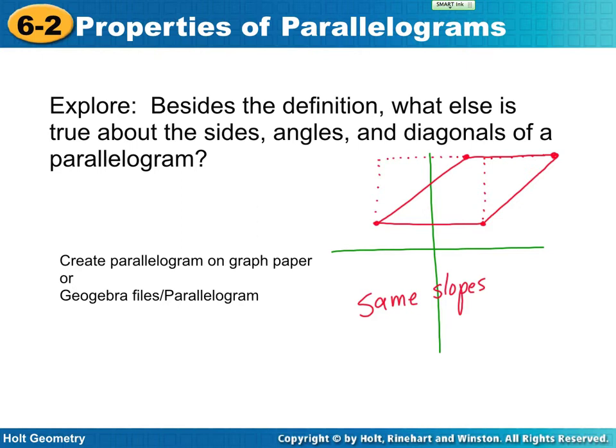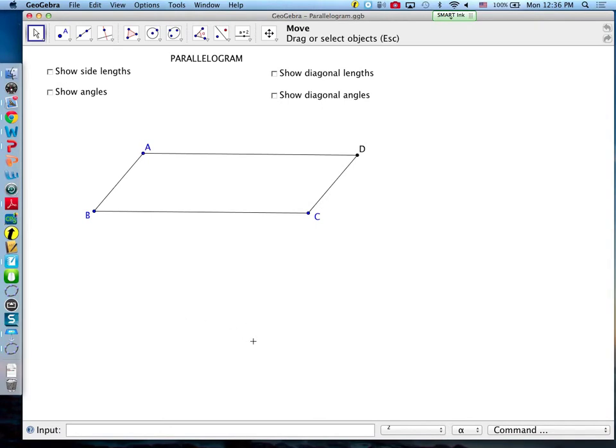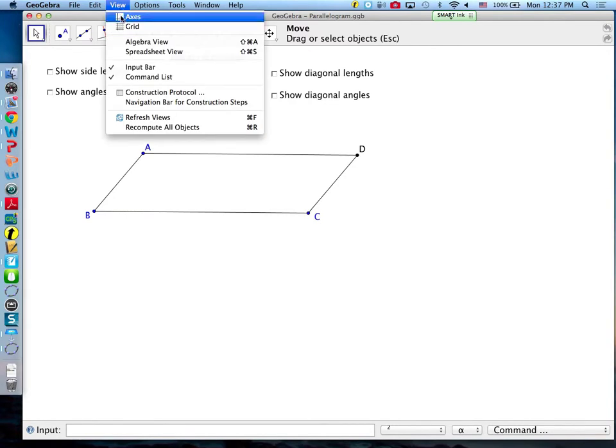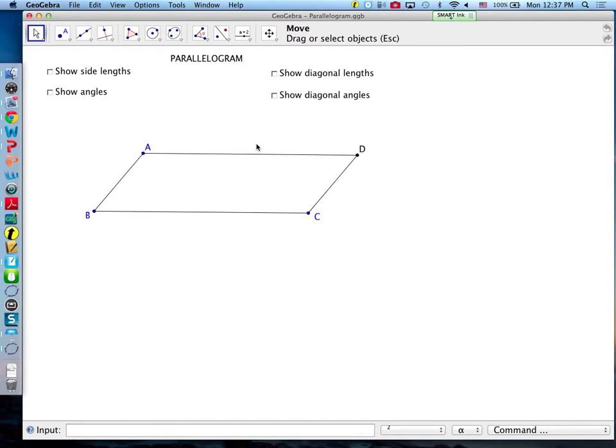Okay, 1 or 2 angles. What should all 4 angles total?